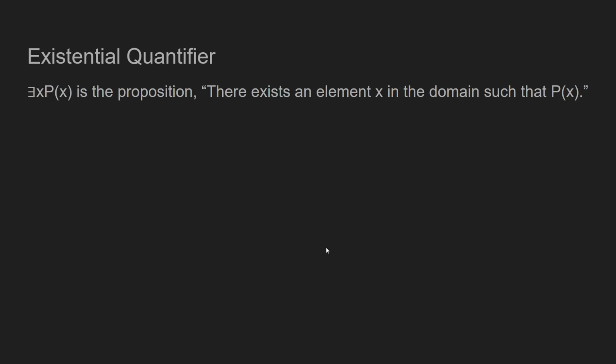Alright, let's talk about the existential quantifier. It is denoted like this, a backwards E. So existential quantification of x for p of x is the proposition where there exists an element x in the domain such that p of x.